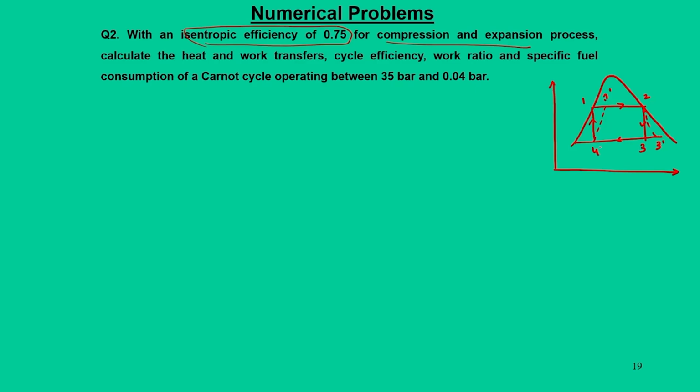For that we still rely on the same data: H1 is 1049.8, H2 is 2803.4, H3 is 1832.9, H4 is 811.15. This was obtained in the last problem from the steam table based on 35 bar and 0.054 bar.